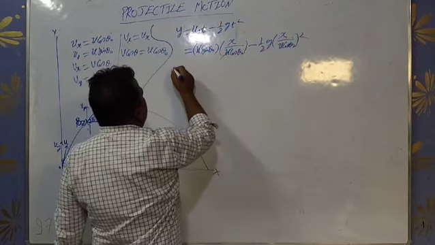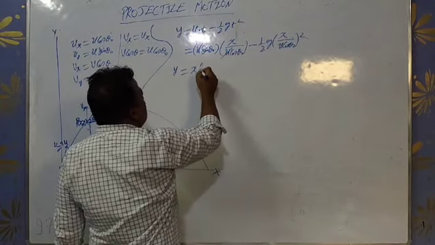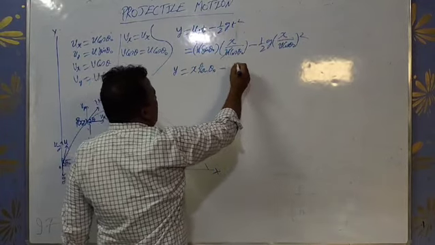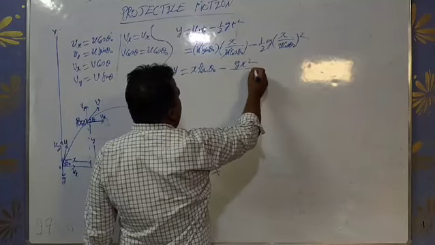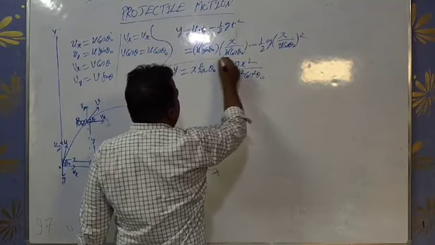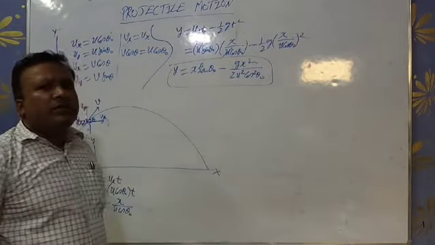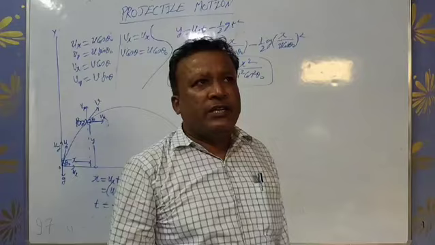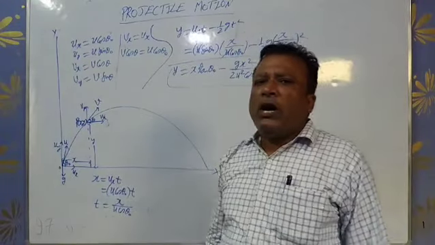So u cancels, and y equals x tan theta naught minus g x square upon 2 u square cos square theta naught. This equation is quadratic in x and represents a parabola.